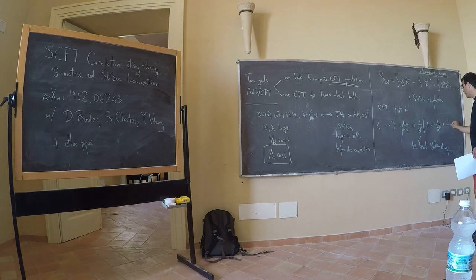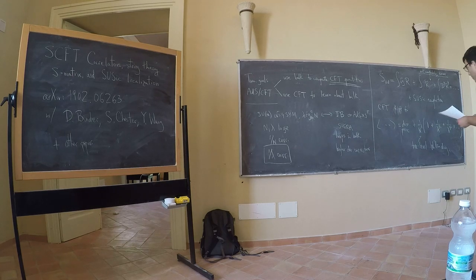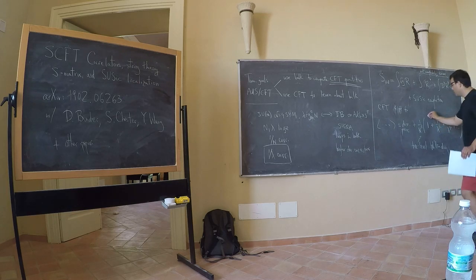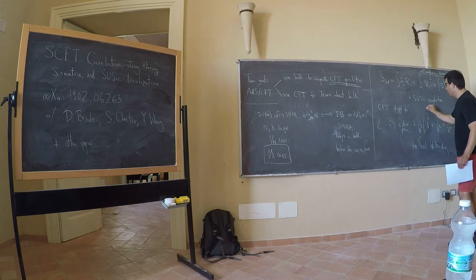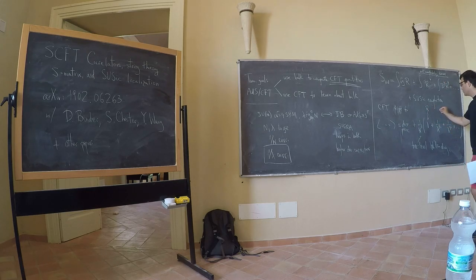The next term is 1 over lambda to the 5/2, and so on. The first one comes from Witten diagrams with supergravity vertices. The next comes from a contact Witten diagram with an R to the 4 vertex. This is a contact Witten diagram with a D to the 4, R to the 4 vertex, and so on.